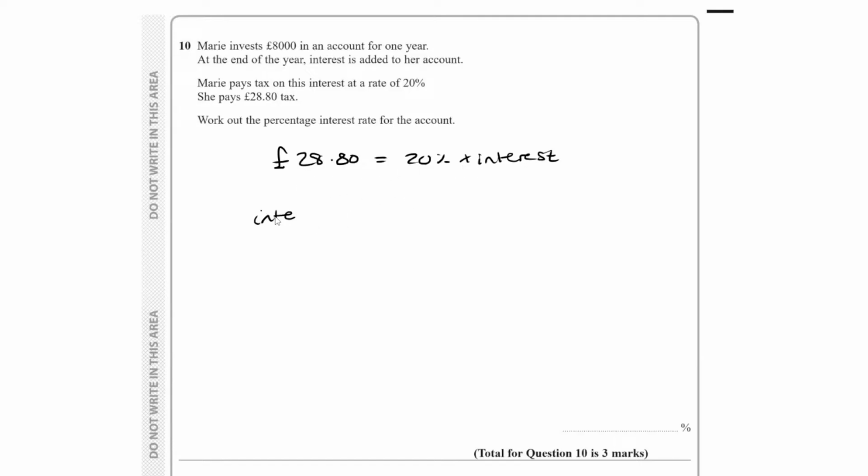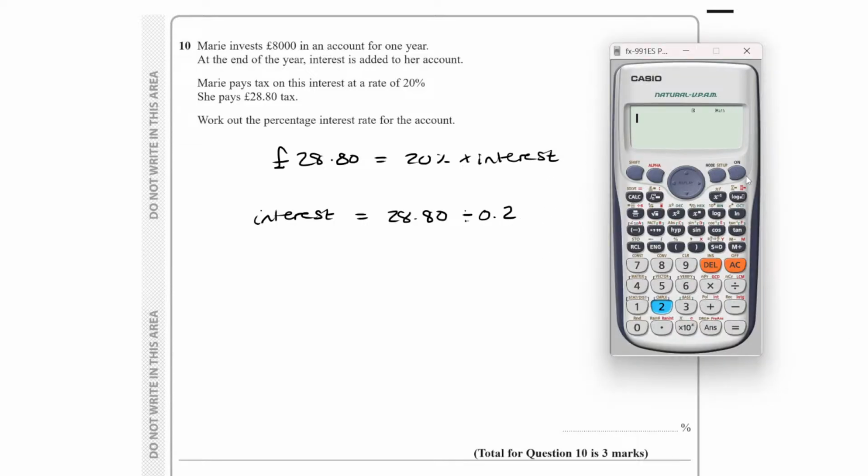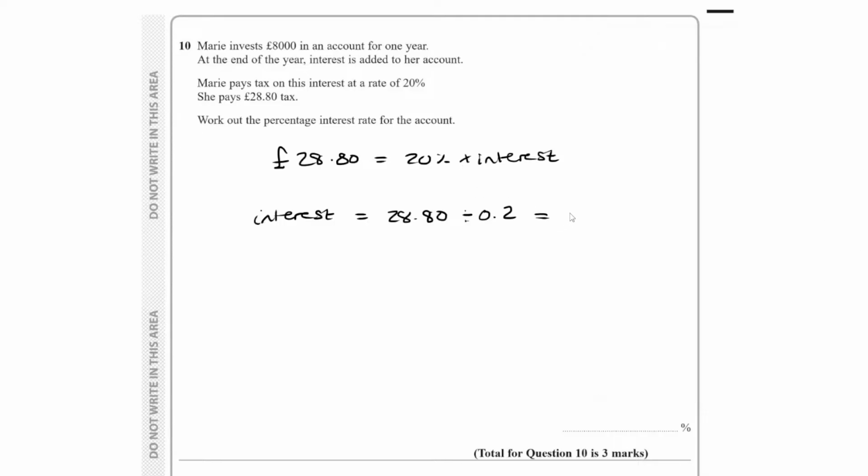So my interest is equal to 28.80 divided by 20%, which obviously 20% is a decimal because you have to put it as a decimal on your calculator, is 0.2. Make sure you type it in properly. Is £144. So that's how much interest that Marie got.